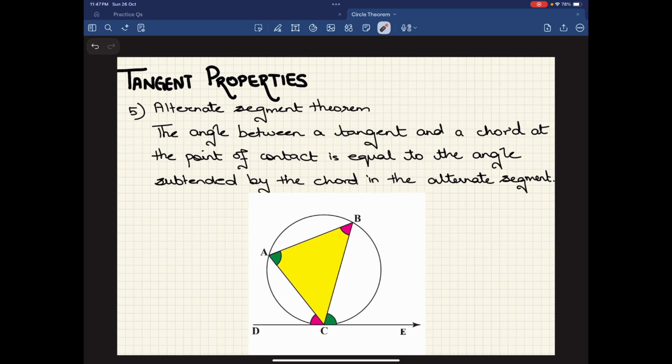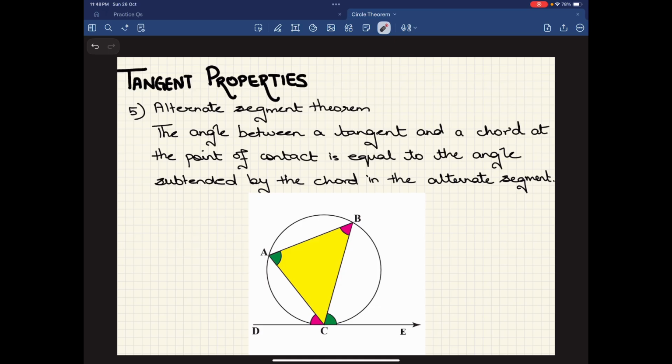Okay, so look at chord AC. We have this small segment. And what is the alternate segment? This entire region. Okay, let's look at chord BC. So this is one segment. And which is the alternate segment? The other segment. Okay, so I hope all the terms are clear now.